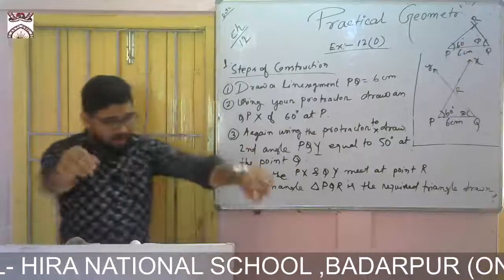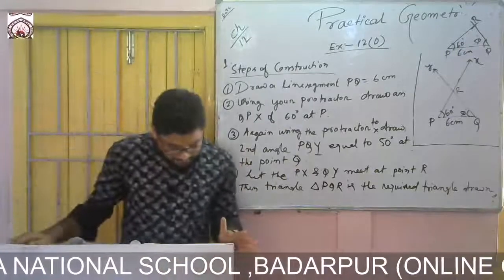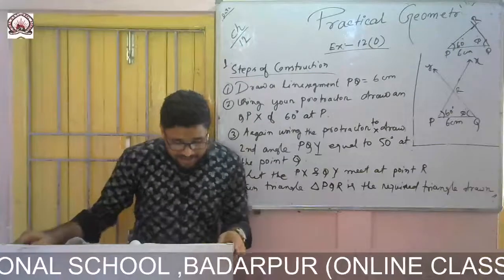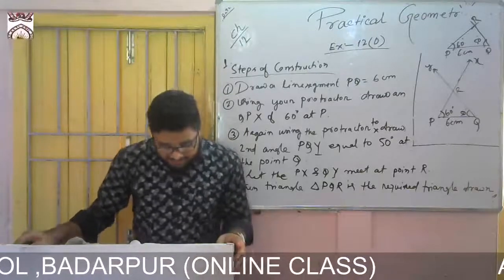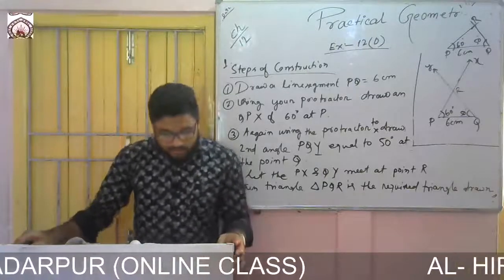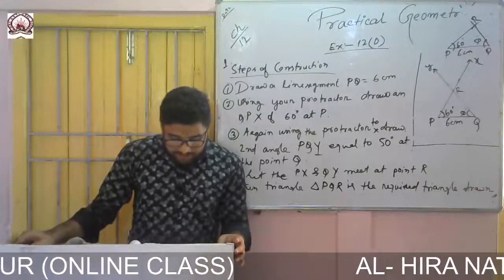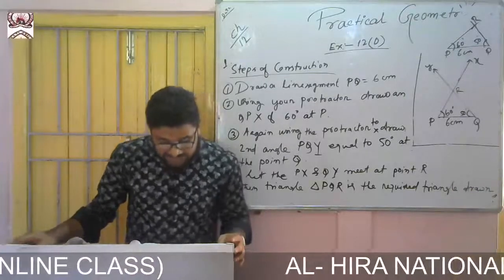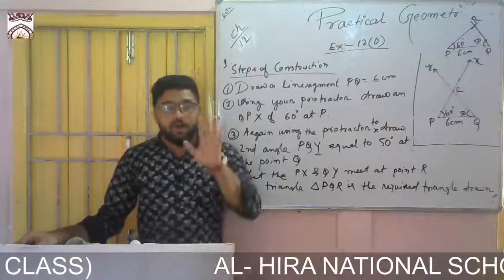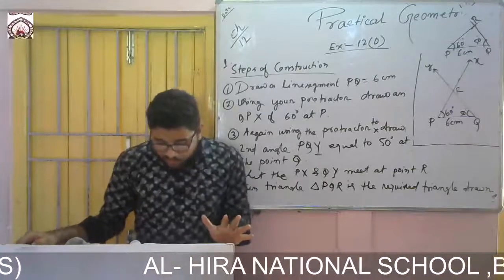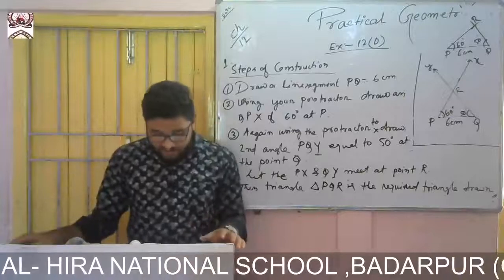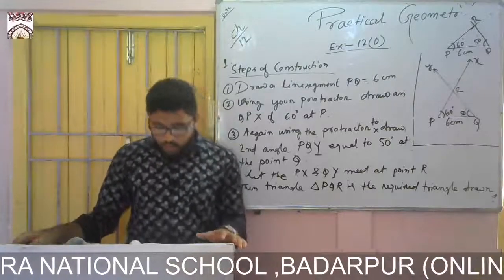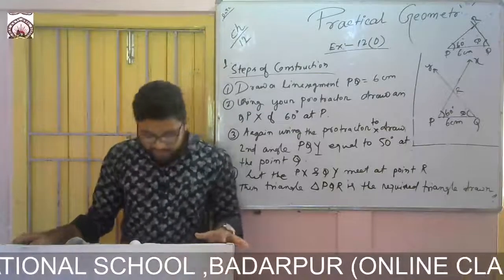Now come to question number 3. In triangle XYZ in which YZ equals 5.8 centimeter, angle Y equals 100 degree and angle Z equals 40 degree. Now a new line has been added: draw the perpendicular from Y to XY.